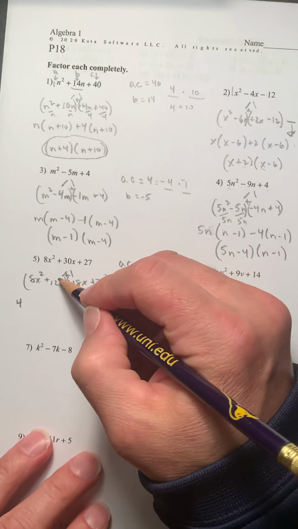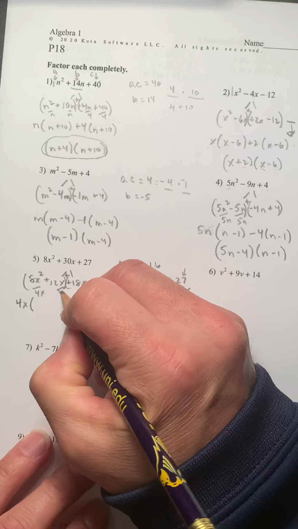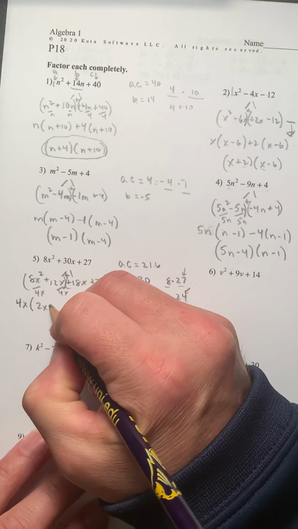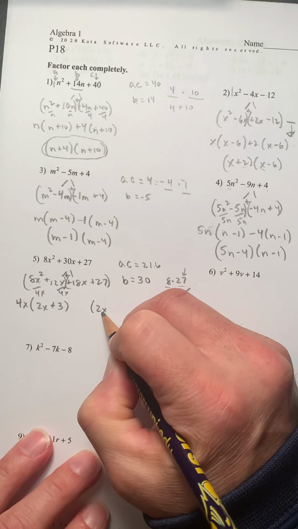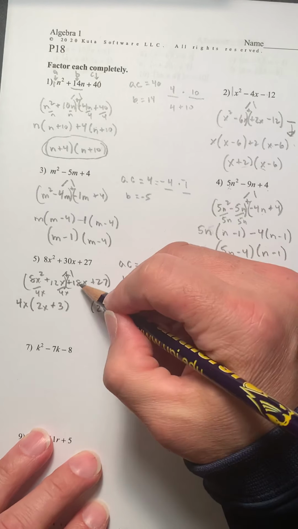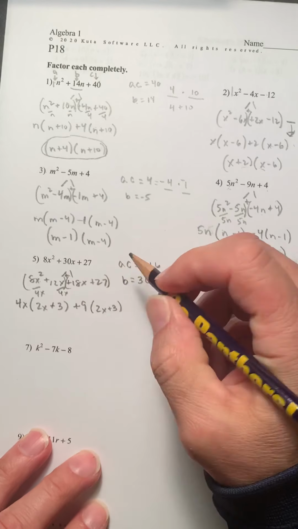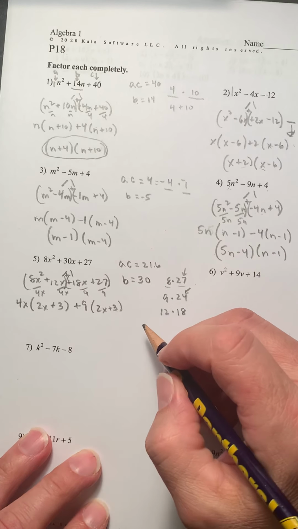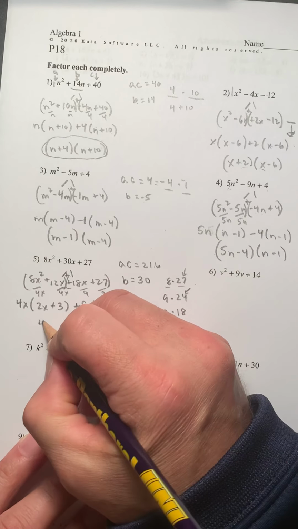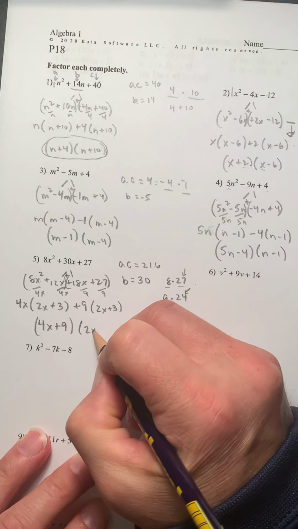When I divide both of these by 4x, I end up getting 2x plus 3, which means this group is going to make a 2x plus 3. Well, what do I have to do to an 18 to get down to 2? I've got to take out a 9. Right? Divide by 9, divide by 9. I do end up getting the 3, by the way, in case you were curious. 4x plus 9 and 2x plus 3.